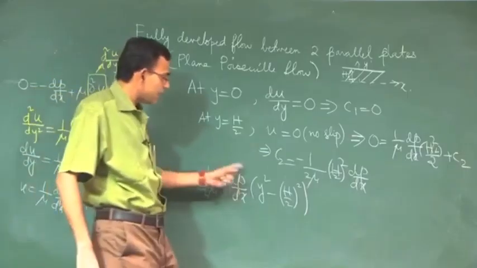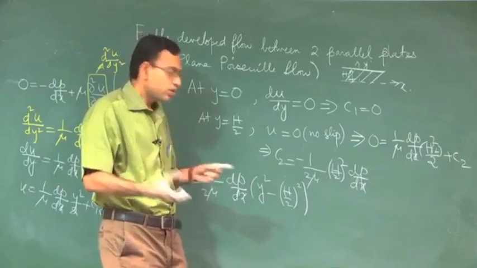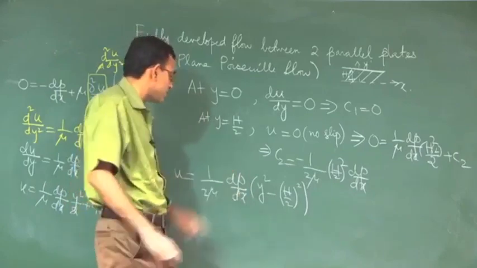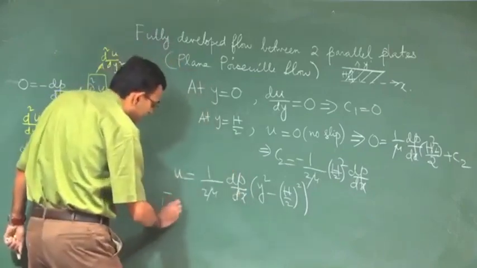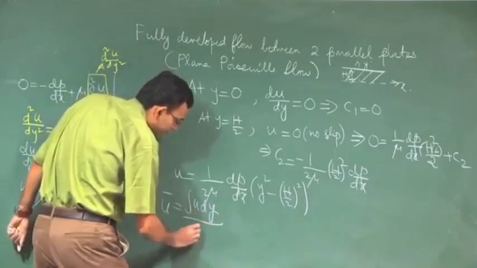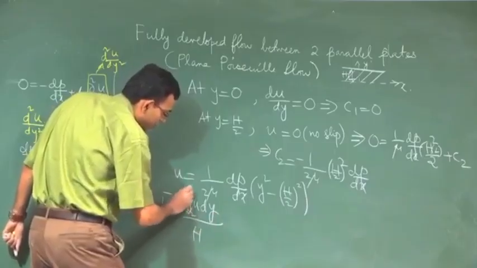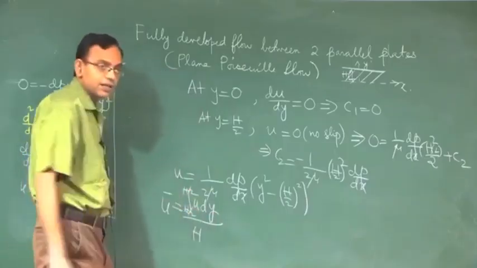Sometimes the pressure gradient is not measured, but the flow rate is measured. So, it is possible to express this in terms of the average velocity. Average velocity is defined as integral u dy from minus h by 2 to h by 2 divided by h.